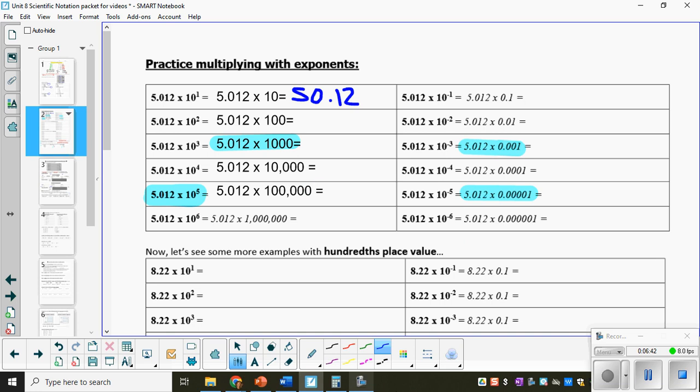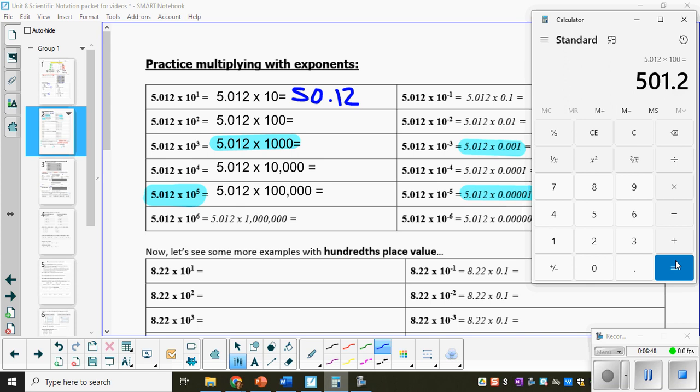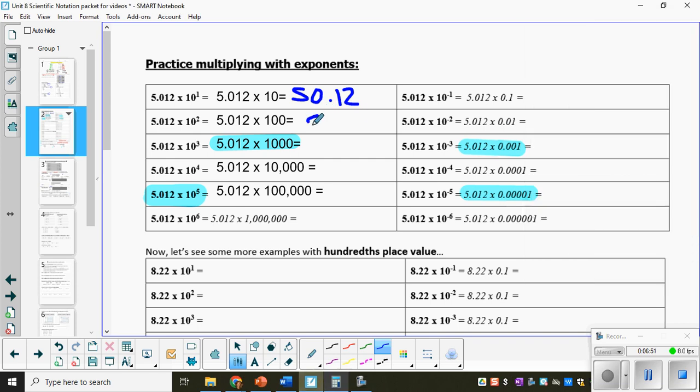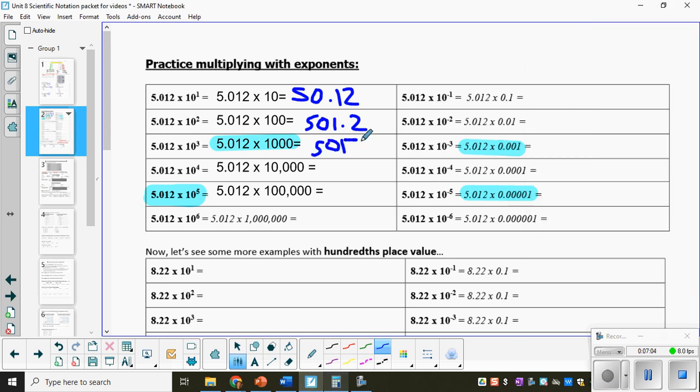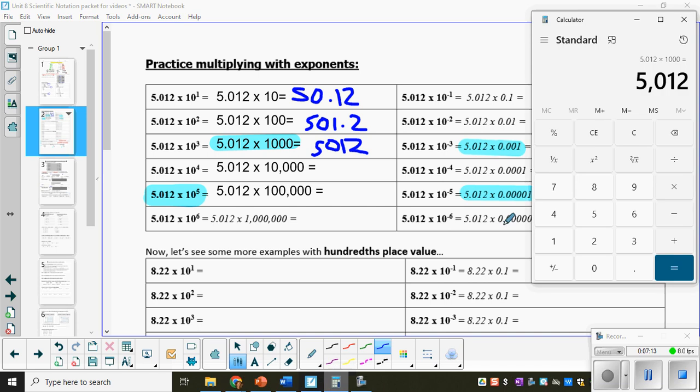What if I wanted you to do 5.012 times 100 instead? Well, this would be our answer, 501.2. What if I wanted you to do this one instead? 5.012 times 1,000. We get 5,012. Now, some of you might already be starting to notice a pattern here. If you're noticing a pattern as I go through these, that's what I want to happen. As you see the pattern develop, you'll start to say, can I stop using the calculator and just keep the pattern going?